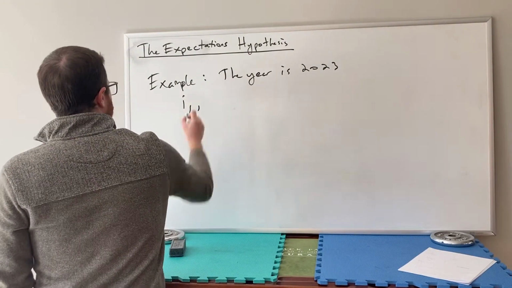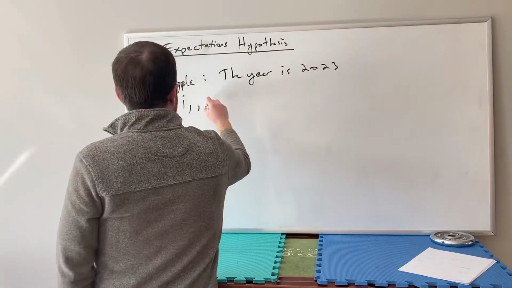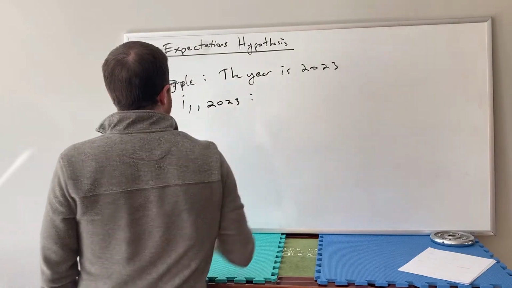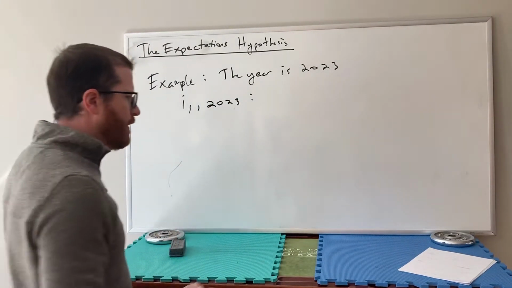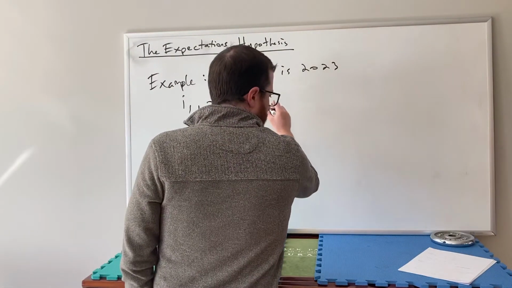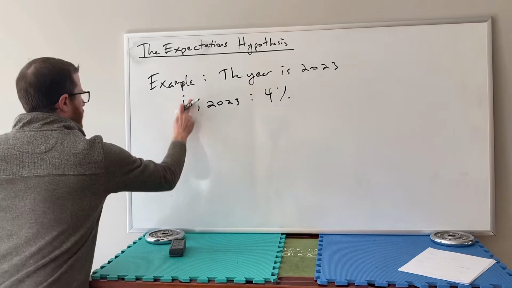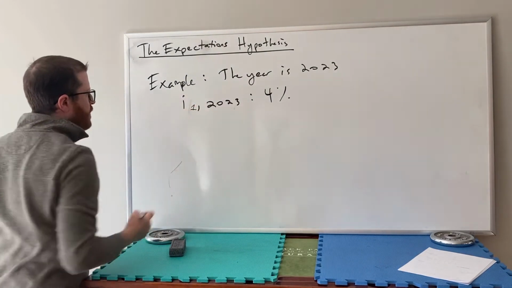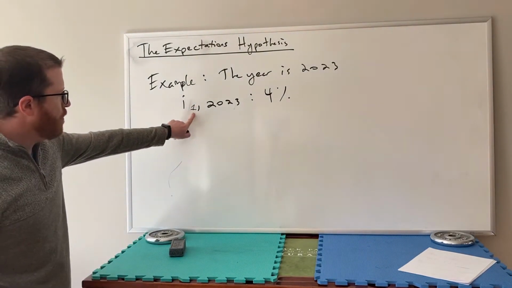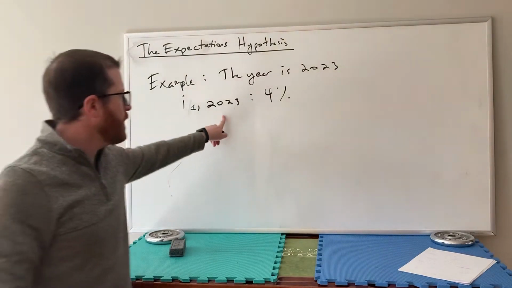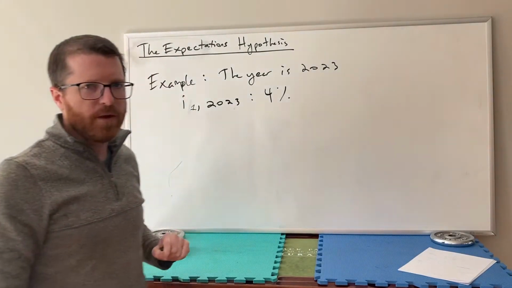So on a one-year bond that's for sale in 2023, let's say that the interest rate on that is 4%, okay? So just to be clear here, the notation I'm using is imagine the interest rate on a one-year bond in 2023 is 4%.